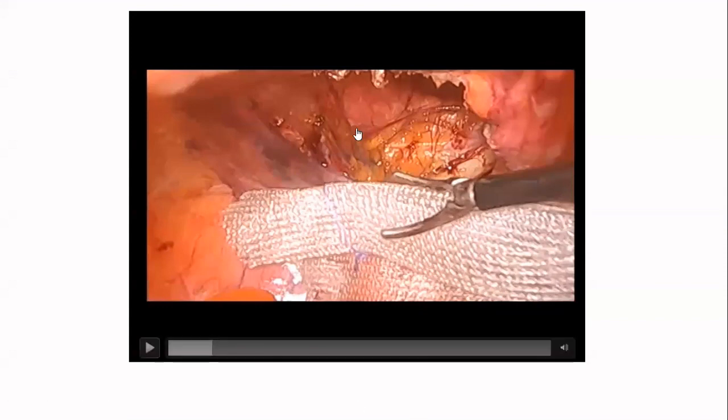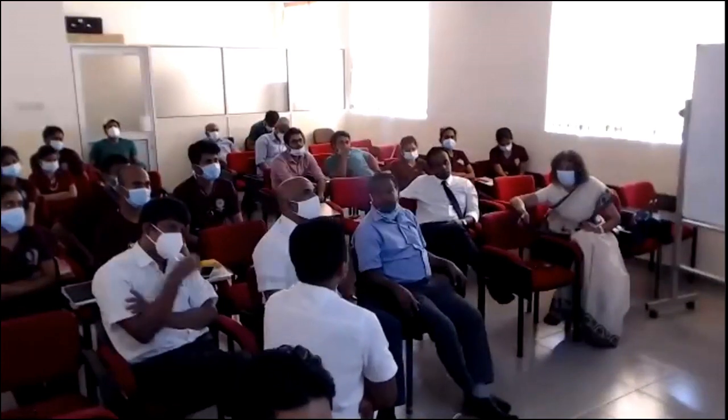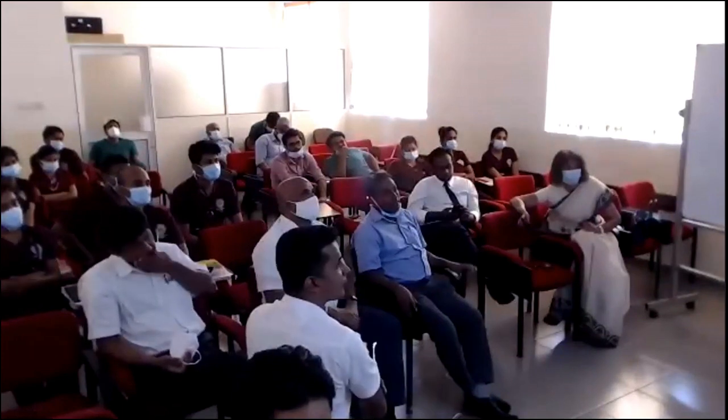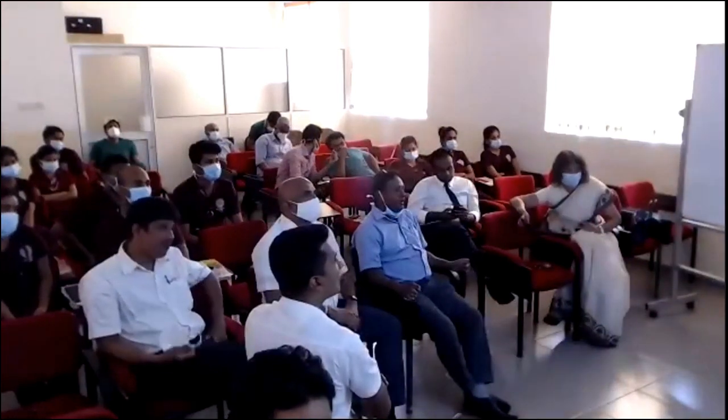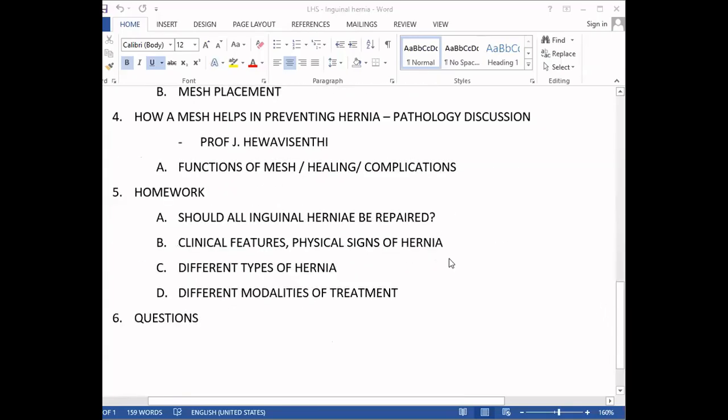Right. So this roughly concludes. There is some take home homework as well. We told you this doesn't cover hernia from A to Z. You have to understand this just to highlight what it is. We talked about laparoscopic mesh repair, but go and read about it. What are the other modalities to treat hernias other than surgery?